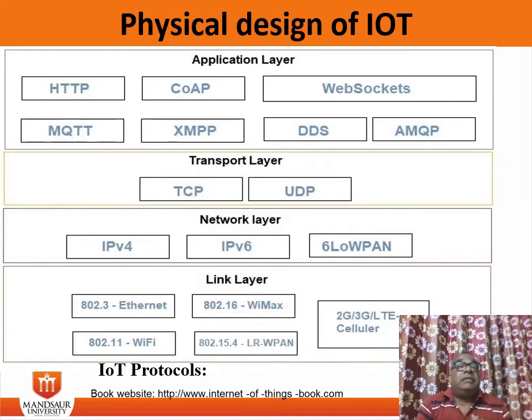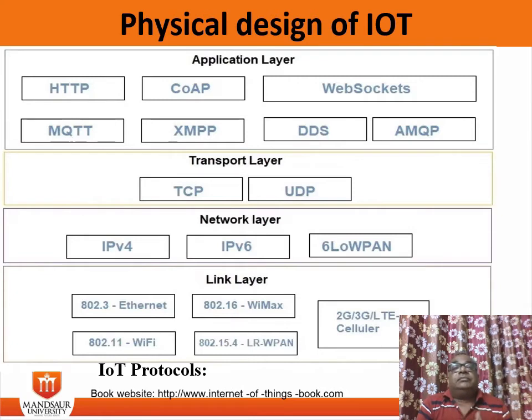Together, TCP and IP are the basic rules defining the internet. The Internet Engineering Task Force, IETF, defined TCP in the Request for Comments RFC standard document number 793.